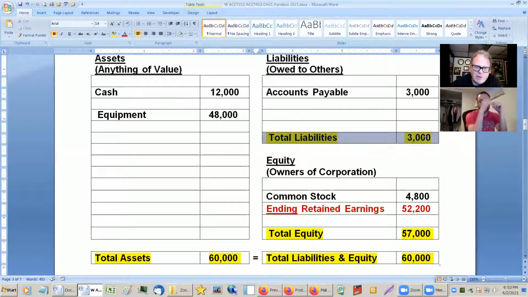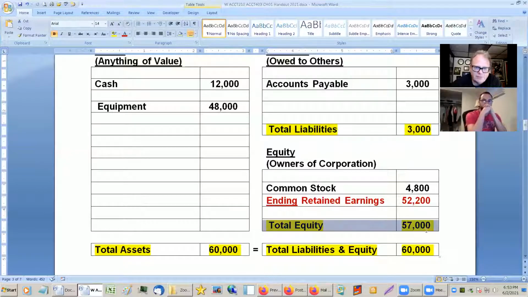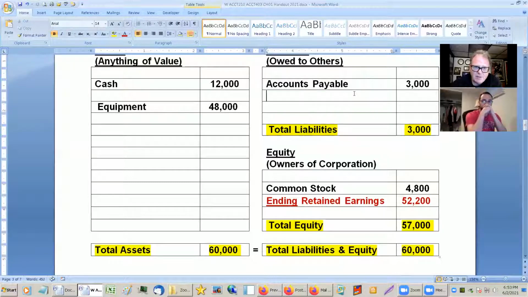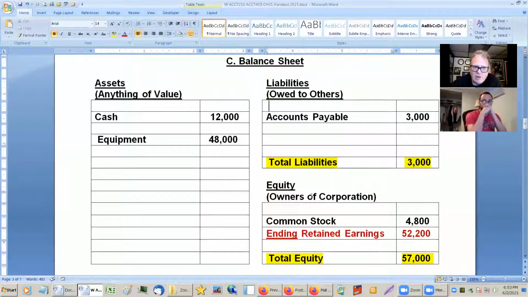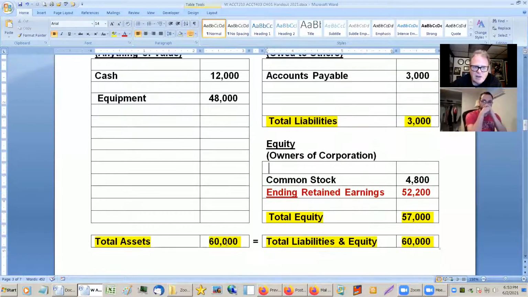Well, they either borrowed the money or the owners kicked it in. So these assets can only come from one of two places: liabilities or equity. Borrow the money or the owners have the money. And that tells you how they got the money for these 60,000 of assets.